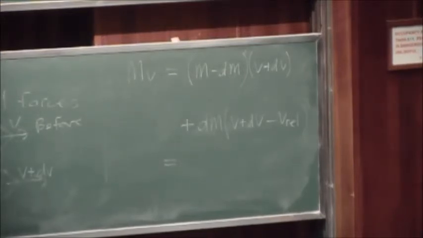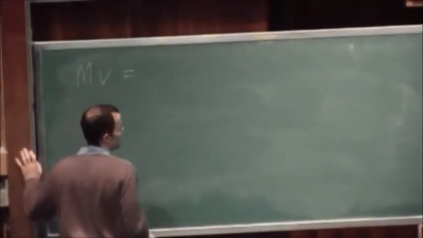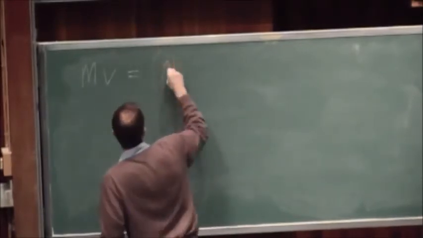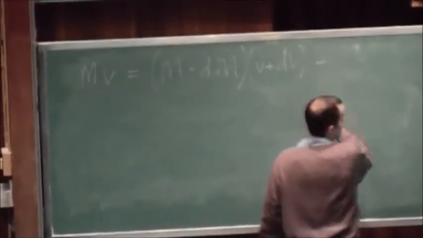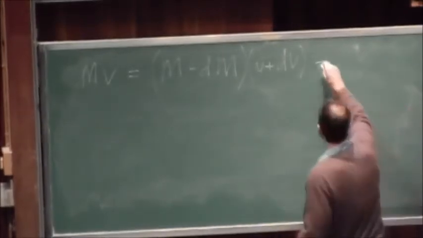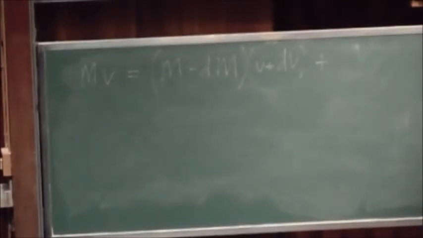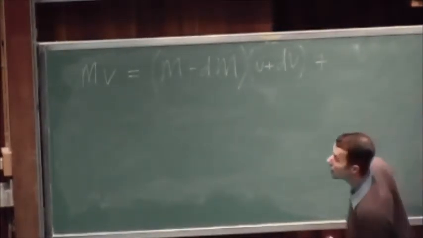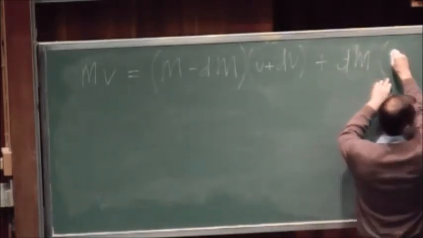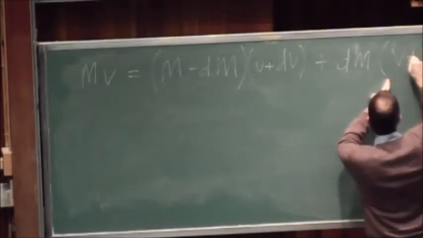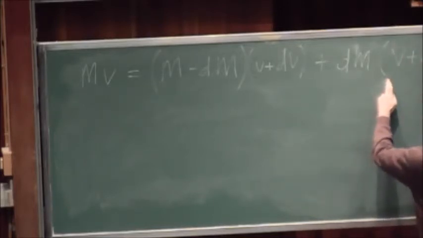So I'll just write it out again. mv is equal to m minus dm times v plus dv, plus dm times v plus dv minus v relative.